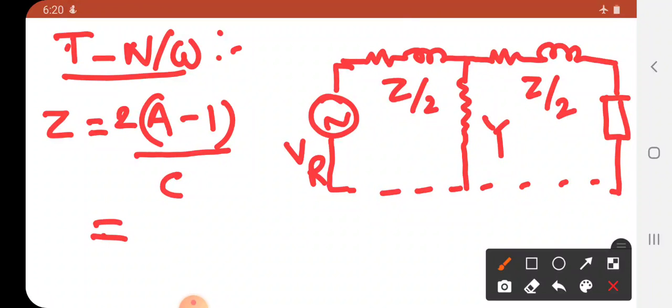In the case of nominal pi, Z is equal to B. In the case of nominal T, Z is equal to 2 into A minus 1 by C. And in the case of nominal pi, Y is equal to 2 into A minus 1 by B, whereas in the case of nominal T, Y is equal to C. Do practice more.